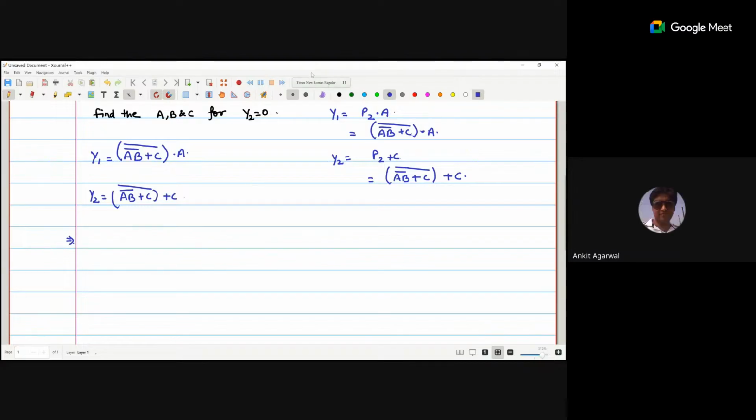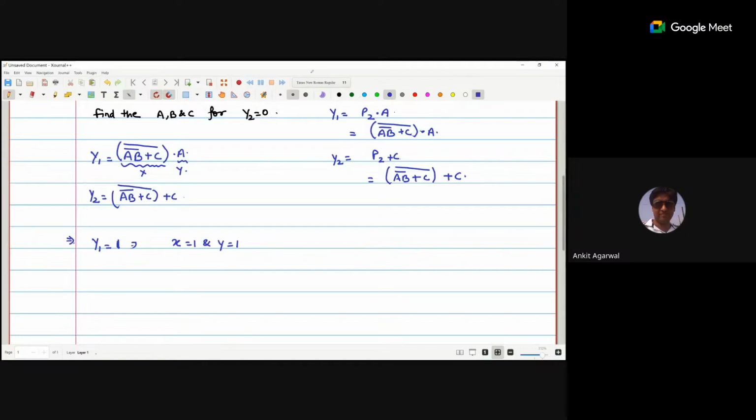So now we have to check that Y1 is 1. If this is the X and this is the Y, then Y1 is 1 when X is equal to 1 and Y is equal to 1, because it is the AND operation between X and Y, and in an AND operation, when both inputs are 1, the output is 1.